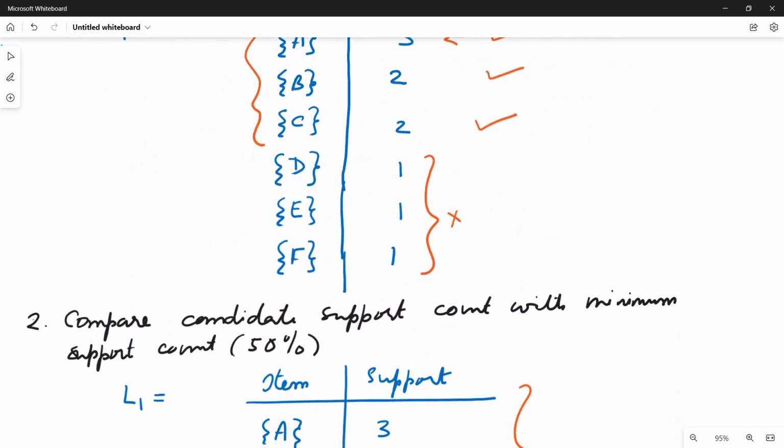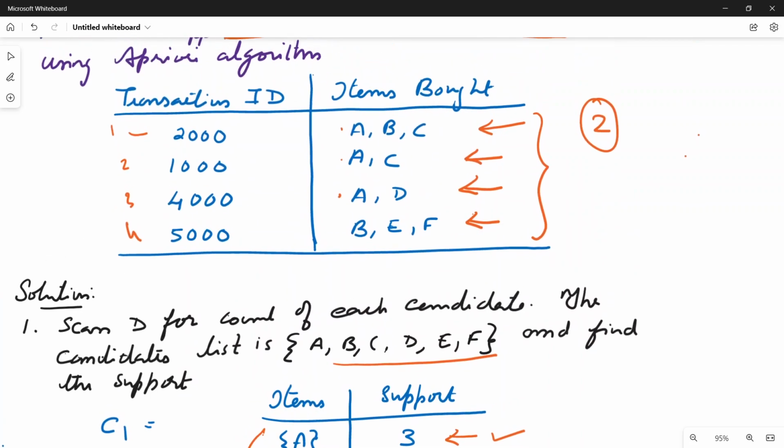We will see how many transactions have A and C. We can see that transaction 1 has A and C, and transaction 2 also has A and C. Our association rule is A to C, so we know that it is A union C divided by A. A is coming 1, 2, 3 times.